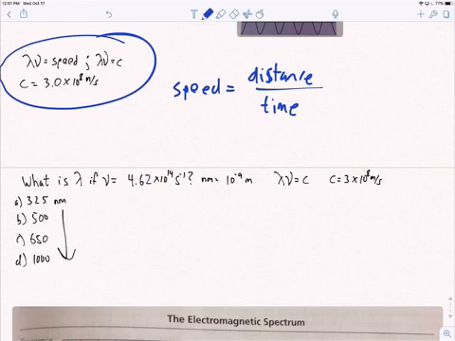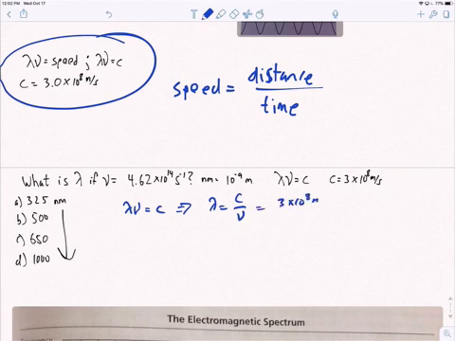The idea is that wavelength times frequency is the speed of light, which implies lambda is the speed of light over the frequency, which is 3 times 10 to the 8th meters per second, all over 4.62 times 10 to the 14 inverse seconds.